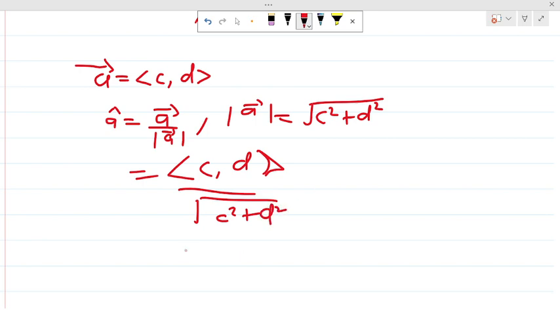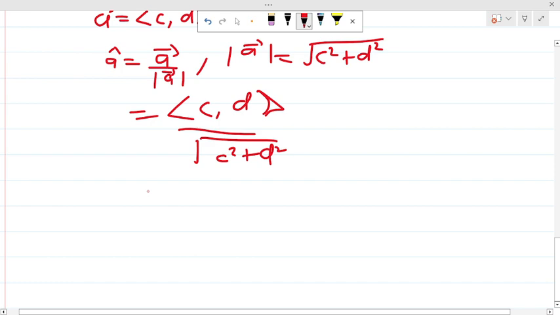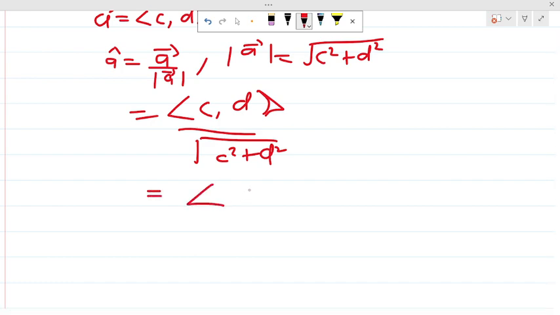So this will be equal to (C divided by the square root of C squared plus D squared, comma, D divided by the square root of C squared plus D squared).